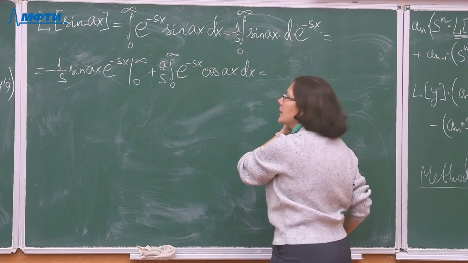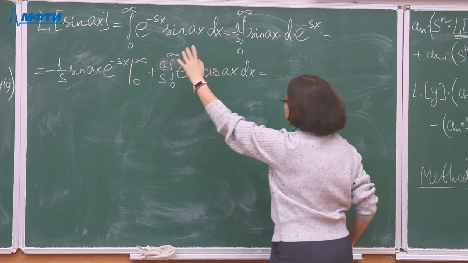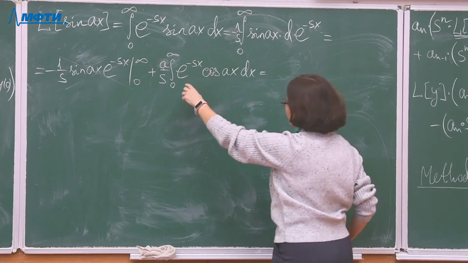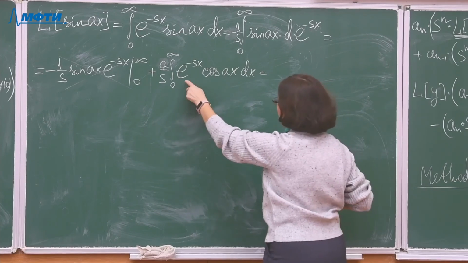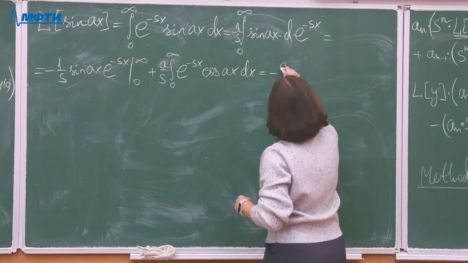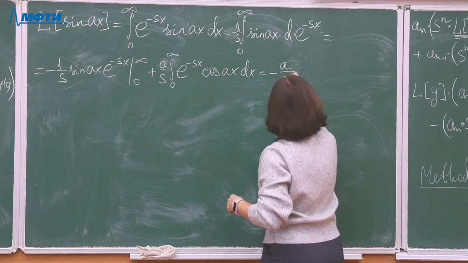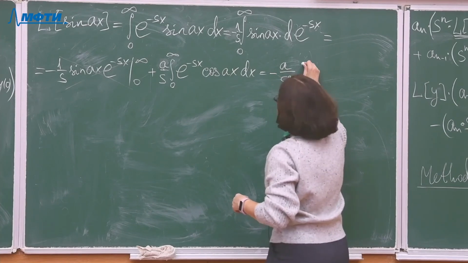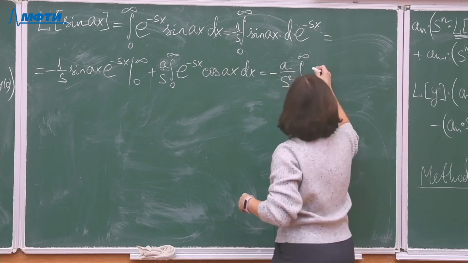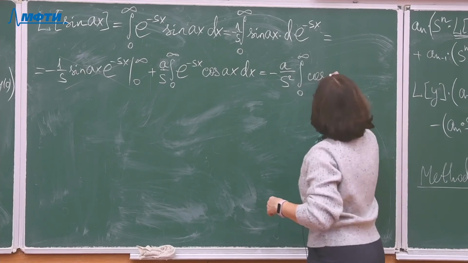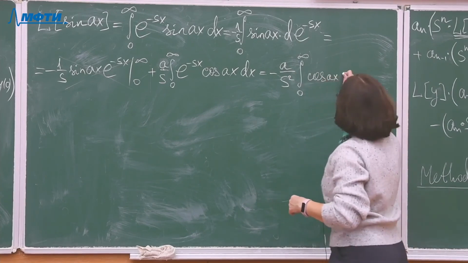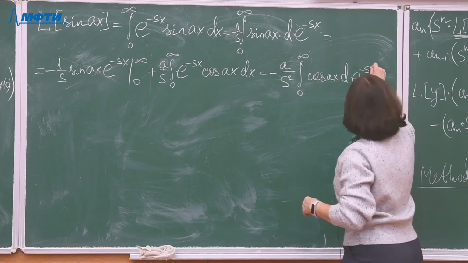And we will again apply the formula for integration by parts, and this will be minus a over s squared, the integral from 0 to infinity of cos ax d of e to the power minus sx.